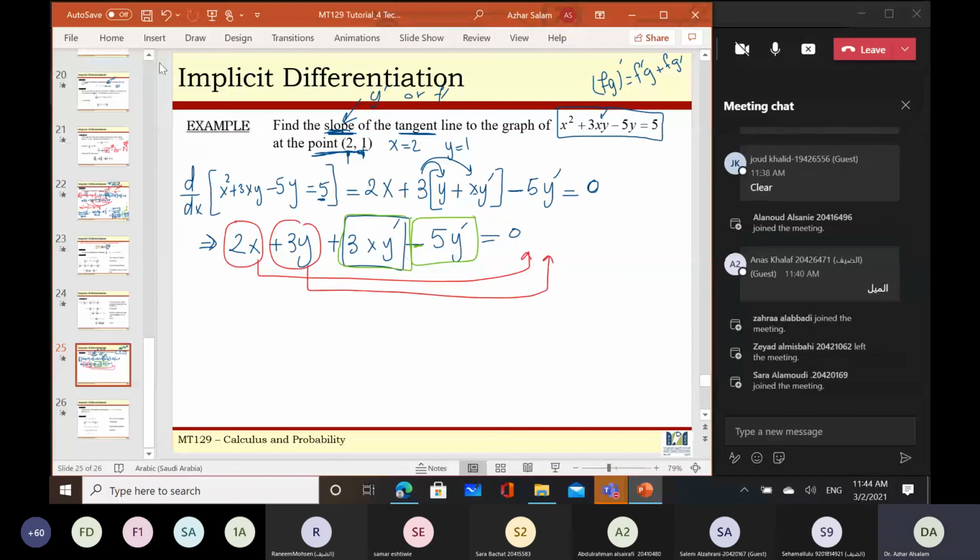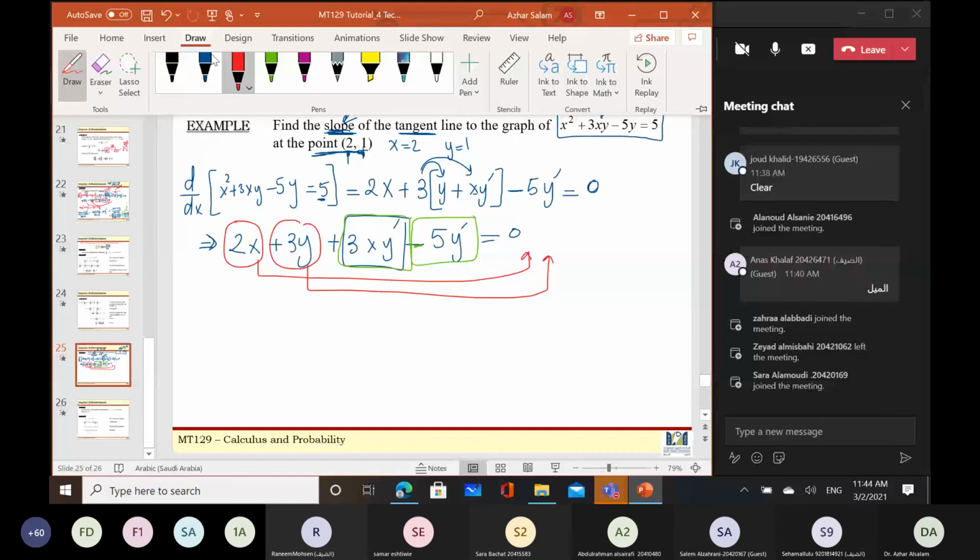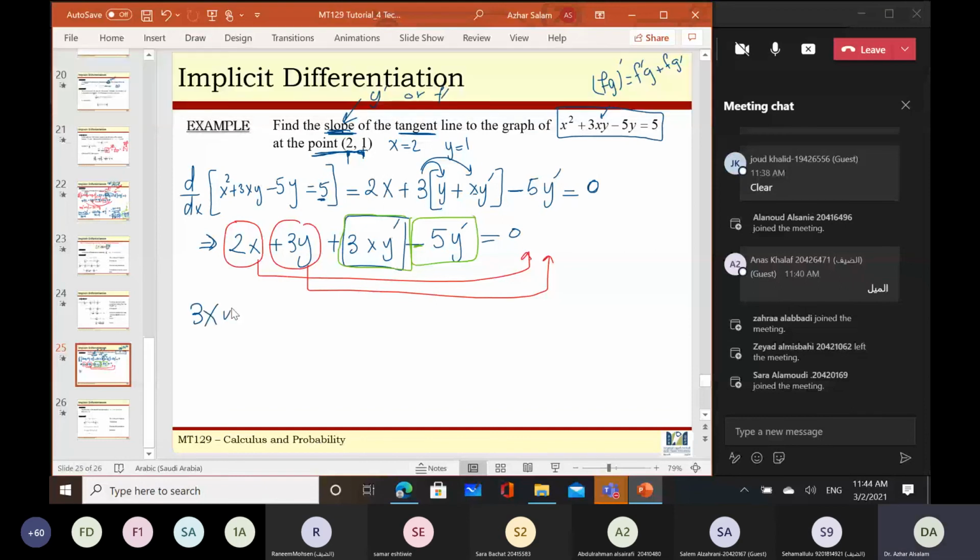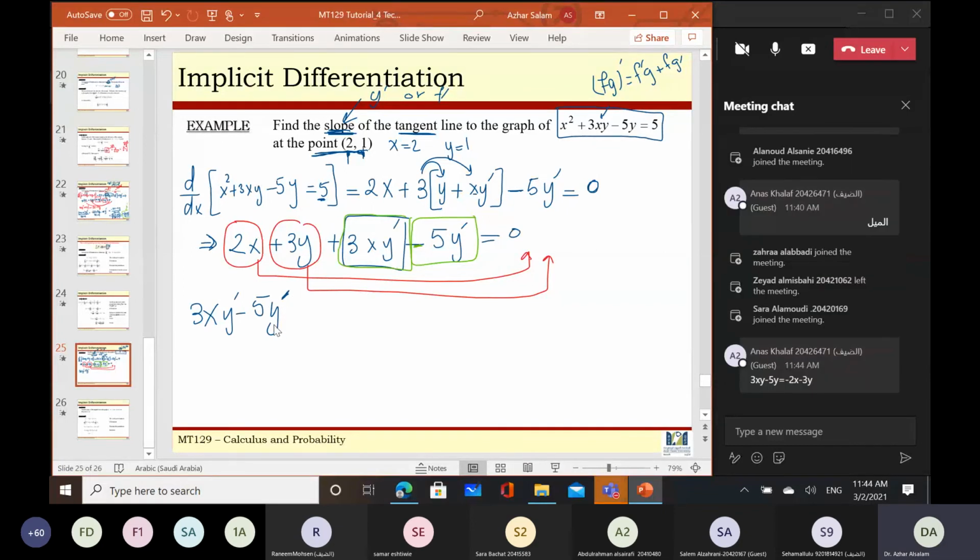And I will arrange now. I will write 3x y dash minus 5y dash. These are the terms with y dash, equals to minus 2x minus 3y.